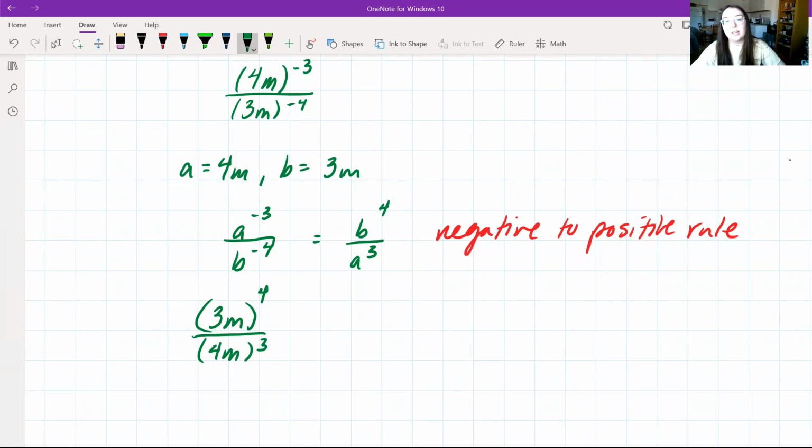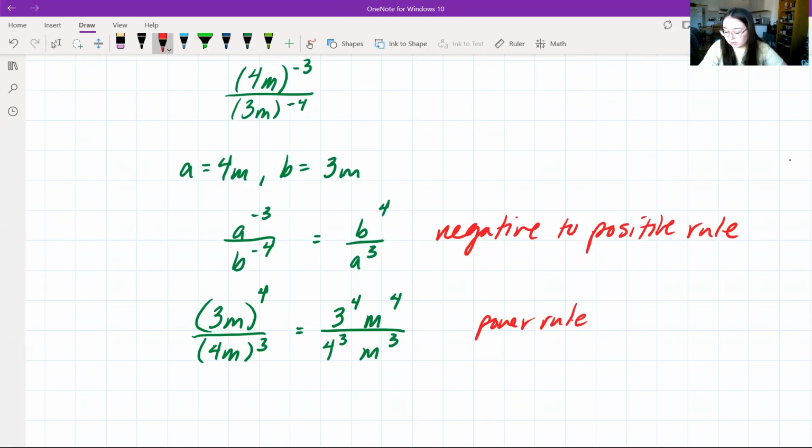And now we can go ahead and distribute our exponent. So when we distribute our exponent, we're going to have 3 to the power of 4 times m to the power of 4 divided by 4 to the power of 3 times m to the power of 3. And in this case, we use our power rule.